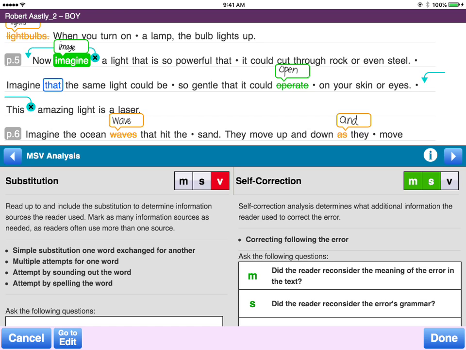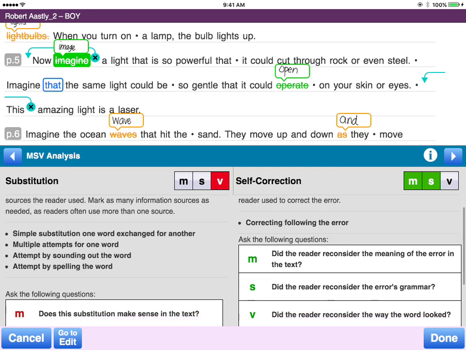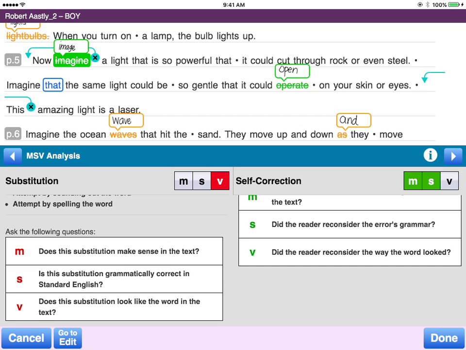And now we're going to read starting where it says page 5. Now image is the error that the student made. We're going to stop right there and only analyze the word before that, which is now. We're going to ask ourselves, did the reader make sense when he made that miscue? No. Did it sound grammatically correct?